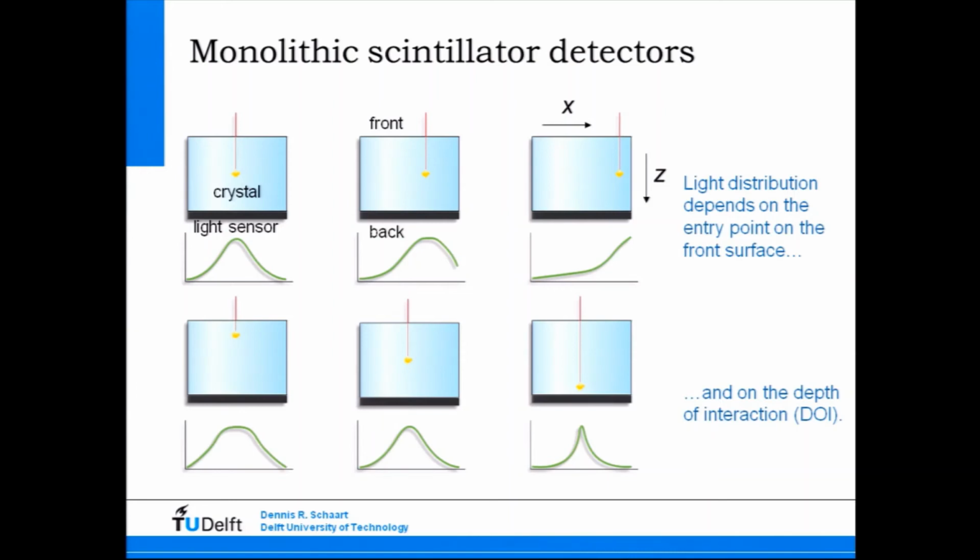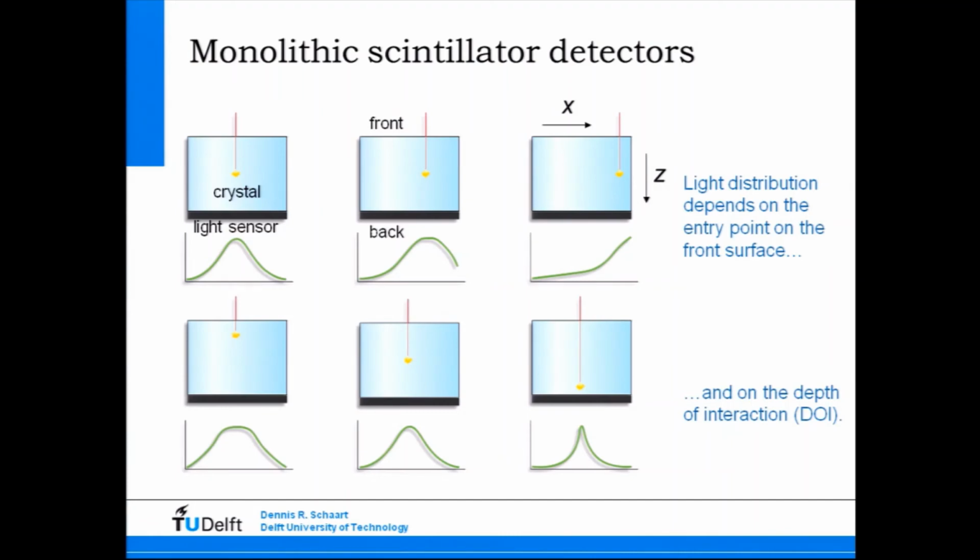And then we read it out with a light sensor, which might be a silicon PM array or an APD array, or even a multi-anode photomultiplier, that gives you the distribution of light as measured on this surface of the crystal. And you can probably intuitively understand that if you change the position of interaction in this transparent material, the light that's projected on the sensor will change its shape depending on the position of interaction.